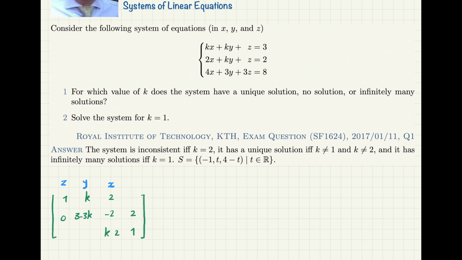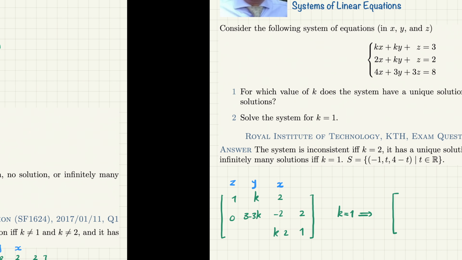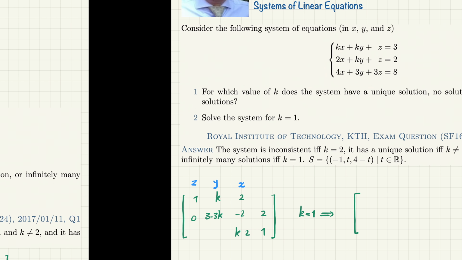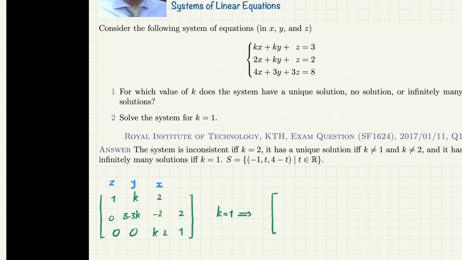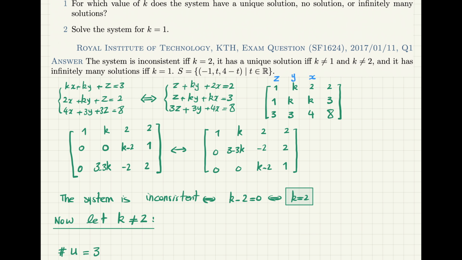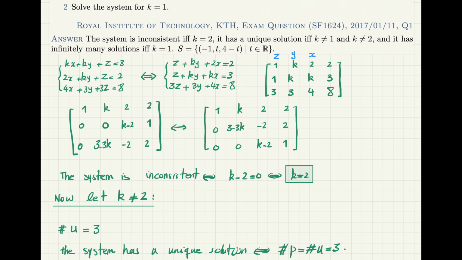Okay, now k is equal to 1, which implies that I have this row echelon matrix. So there was an entry missing here. Actually, I don't know what happened with this copy and pasting. So there are zeros here. Let me do it once more.